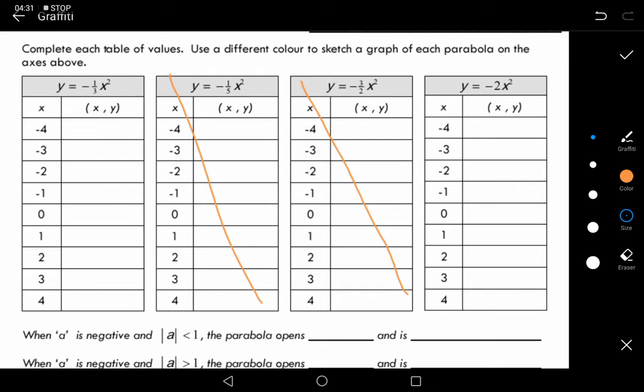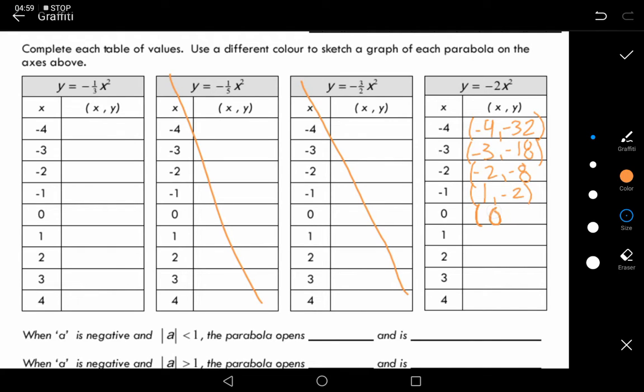So here we have negative 4 squared, which is 16 times negative 2. So we have negative 4, negative 32. Negative 3 squared is 9 times negative 2 is negative 18. Negative 2 squared is 4 times negative 2 is negative 8. Negative 1 squared is 1 times negative 2 is negative 2.